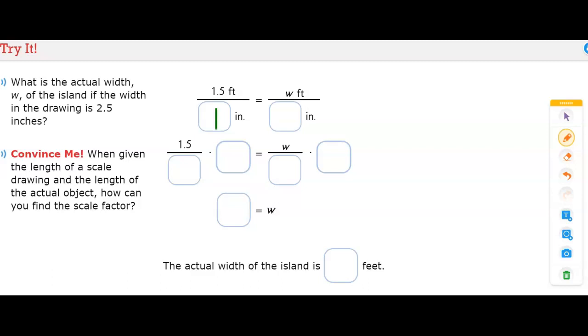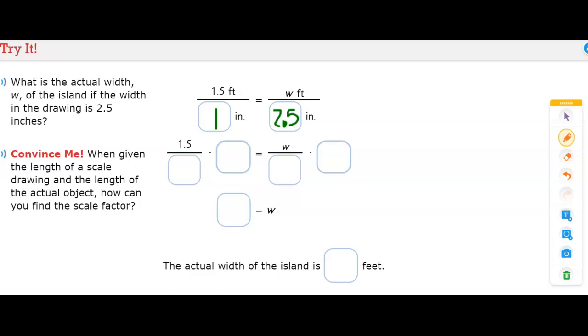So we need to find the actual width, if it is 2 5/10 inches on the drawing.